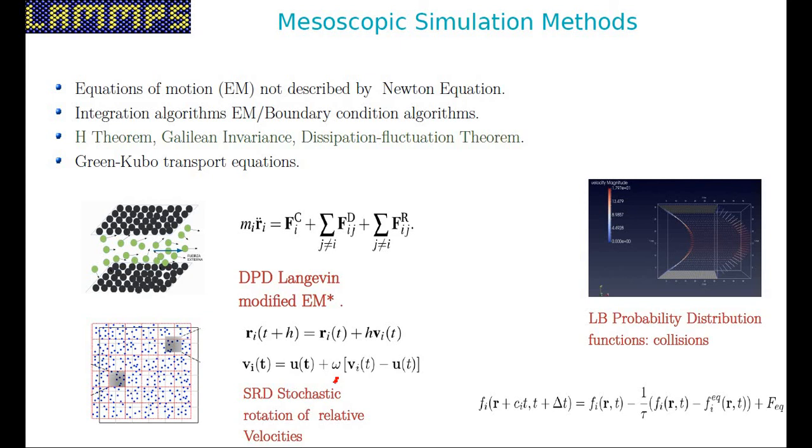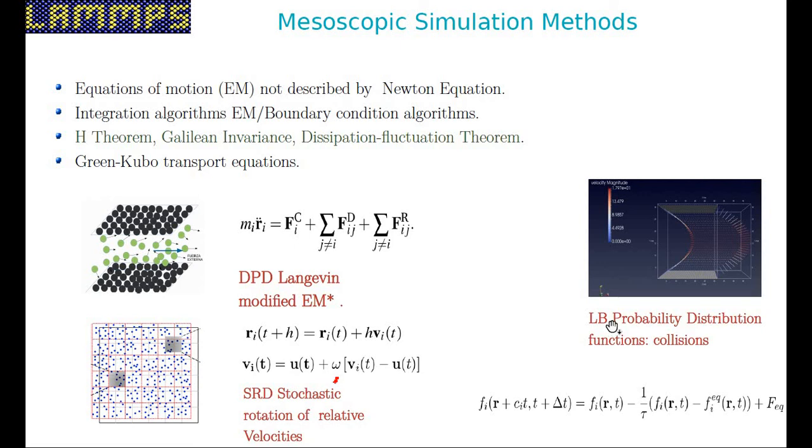So for simulating the collisions of the particles, we rotate the velocities of the particles by using a linear operator. So the position of the particle is updated by changing the velocity of the particles by changing this term that emulates the collision between particles.